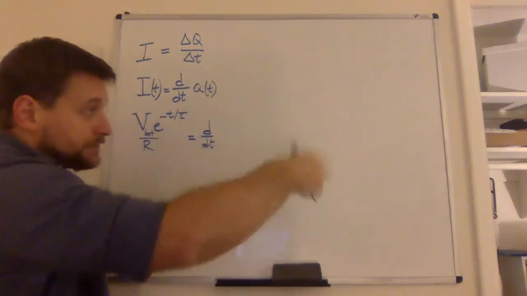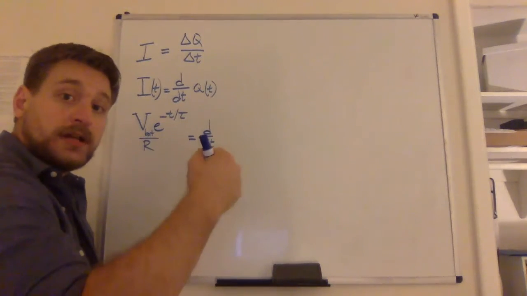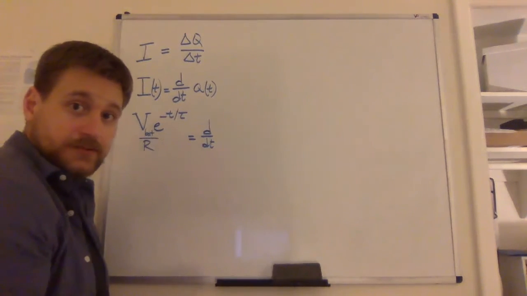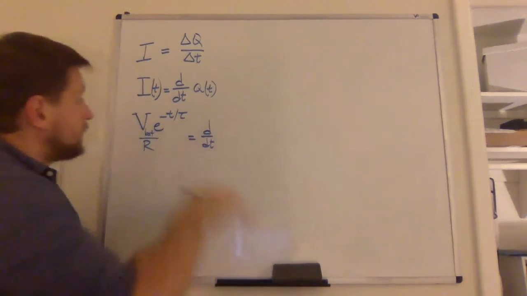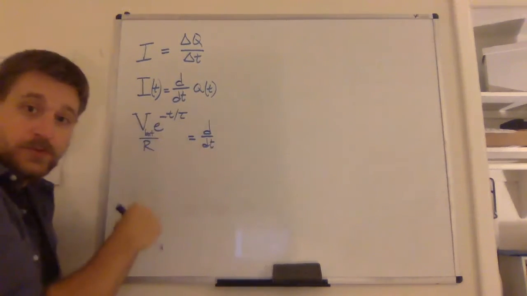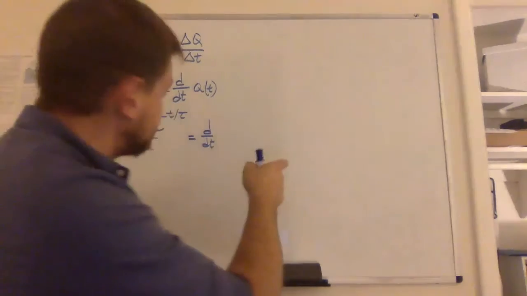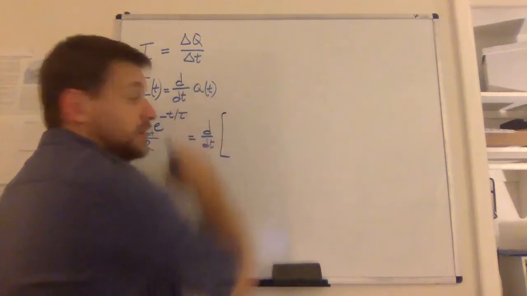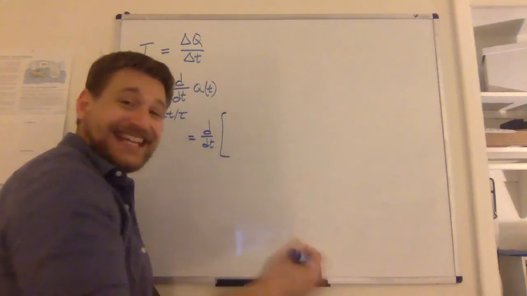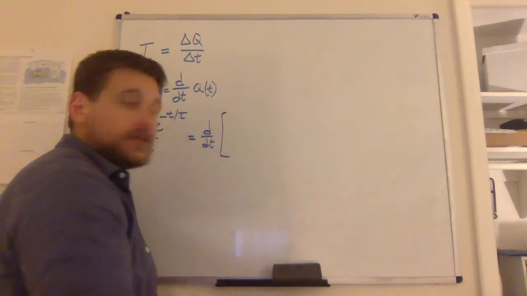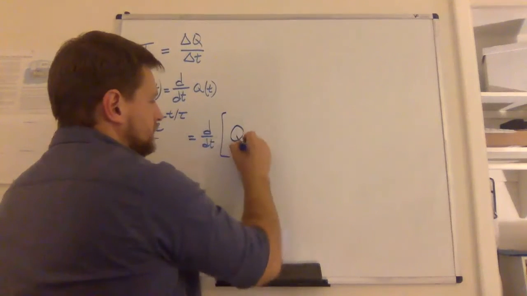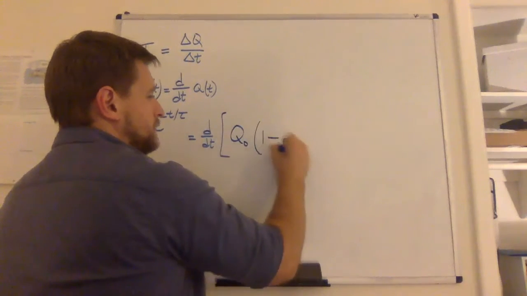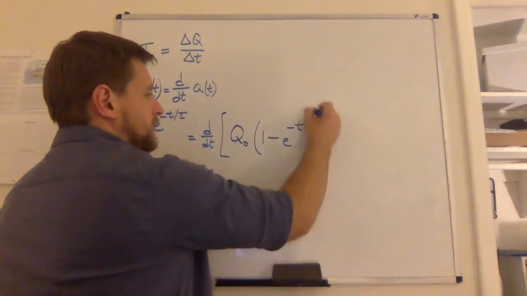It came from the loop rule, and then the definition of capacitance. So that's safe to use. We started with this function for current, and then we used it. So actually, we can still use this function for the instantaneous amount of charge stored on the capacitor: Q0 times 1 minus e to the minus t over tau.